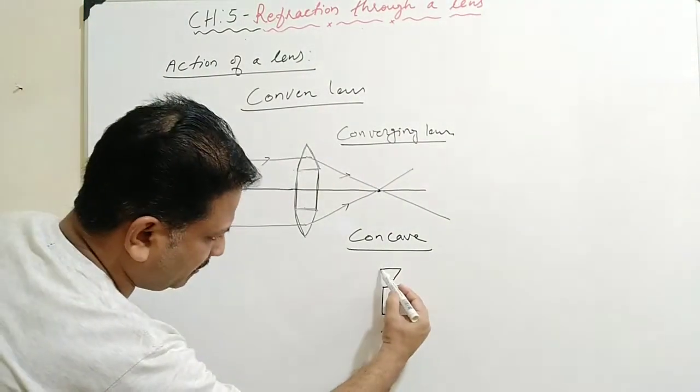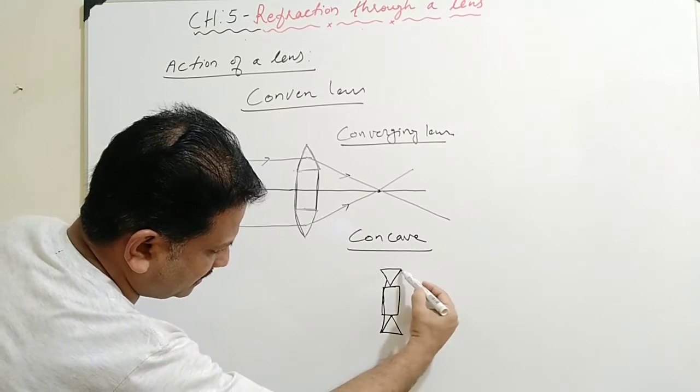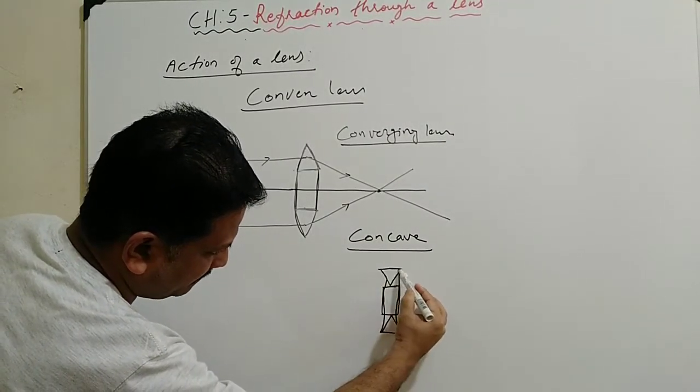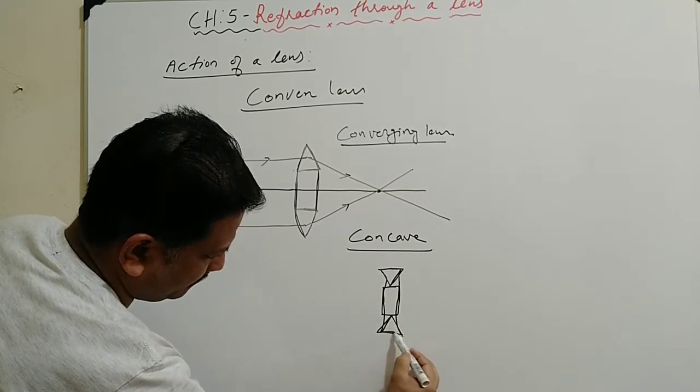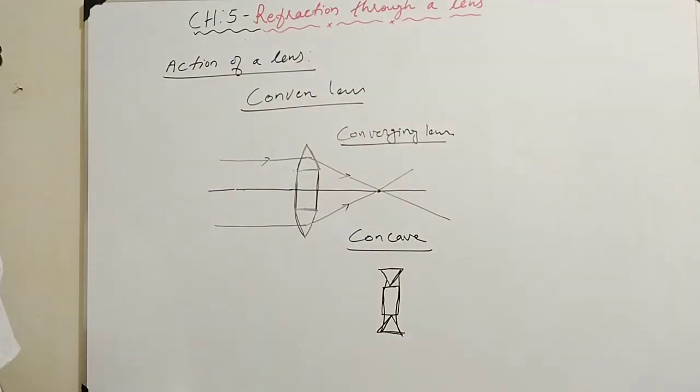Clear? So it forms a concave lens, which is thinner at the middle and thicker at the edges.